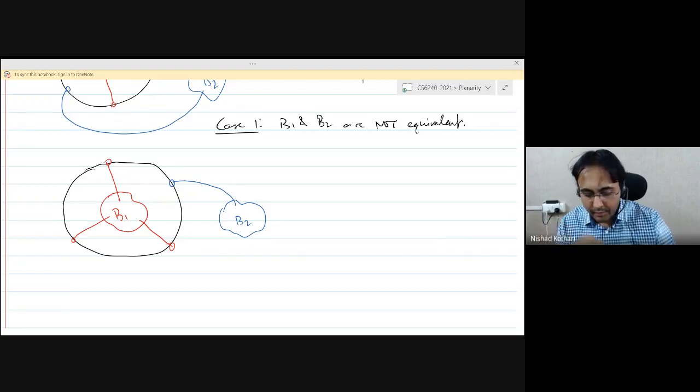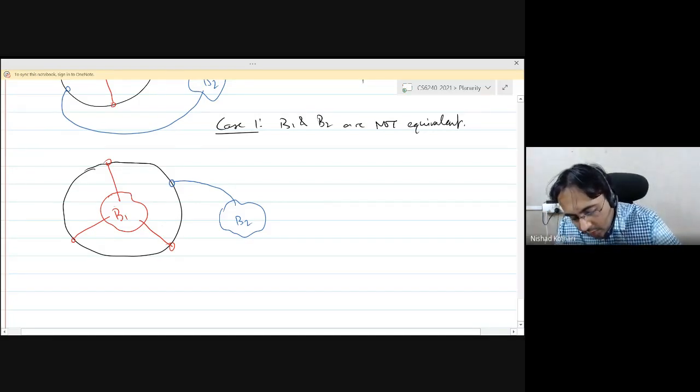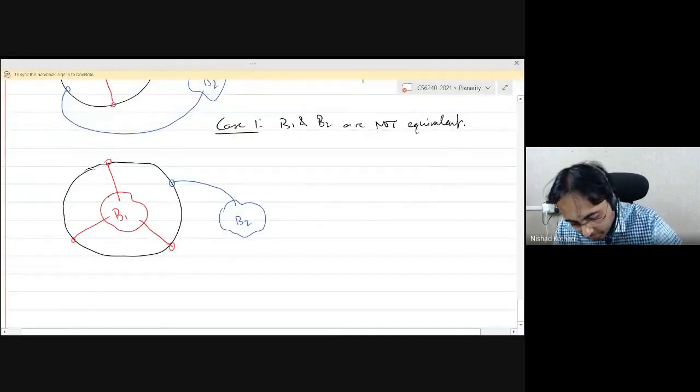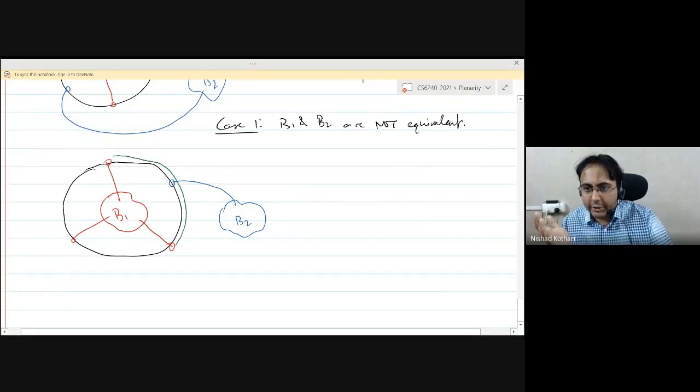Okay. So think about it. You can always relabel B1 and B2 because they are not equivalent. You can find a vertex of attachment of B2 that lies on a single segment, on a particular segment of the vertices of attachment of B1. Okay. So now, what about the other vertices of attachment of B2? Well, if all the vertices of attachment of B2 lie on this segment, this green colored segment, then they are avoiding each other, which is a contradiction because we know that they are overlapping.